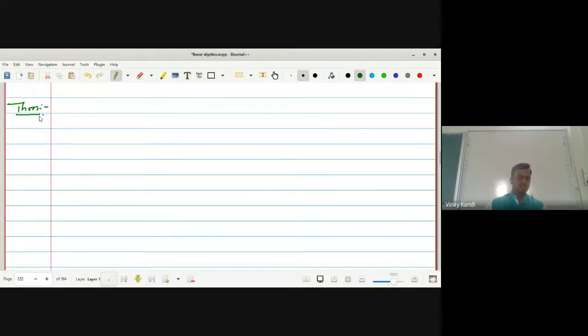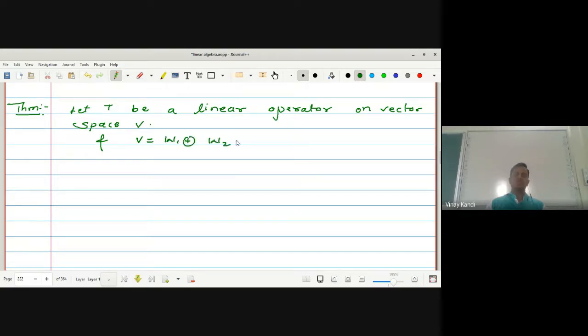Let T be a linear operator on vector space V. Okay, and this V is equal to the direct sum of all the subspaces W1, W2, and up to so on Wk.